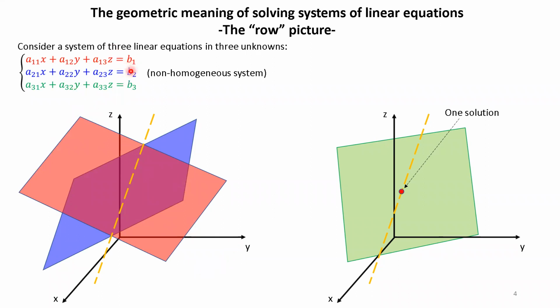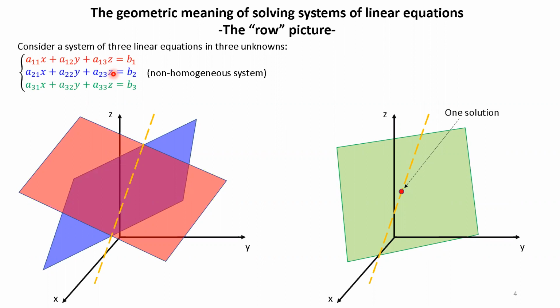So I have three equations, which means in principle you draw three planes in the XYZ space. Then what does it mean to find the solution? Again, we are finding the intersection between the three planes, instead of the intersection between two lines. So how do we find the intersection between three planes?